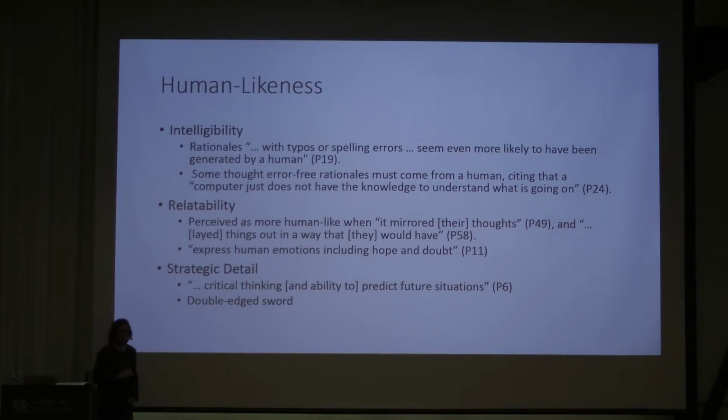Makes sense, humans aren't perfect. However, you can find situations where people say error-free rationales can't come from anything but a human, because there's no way a computer would have the knowledge to really know what's going on. So in human likeness, some of these factors are a double-edged sword, indicating that we might need to do more work to further unpack things.